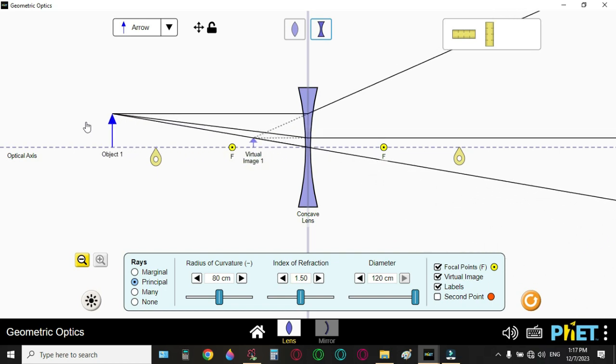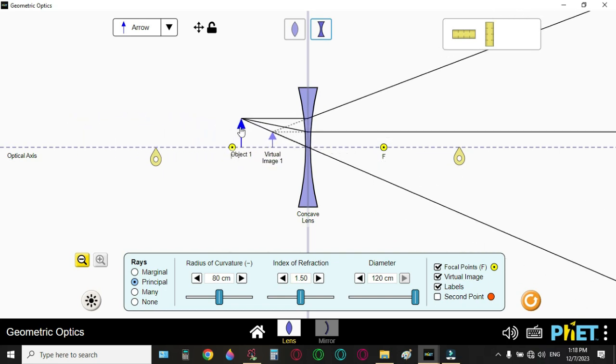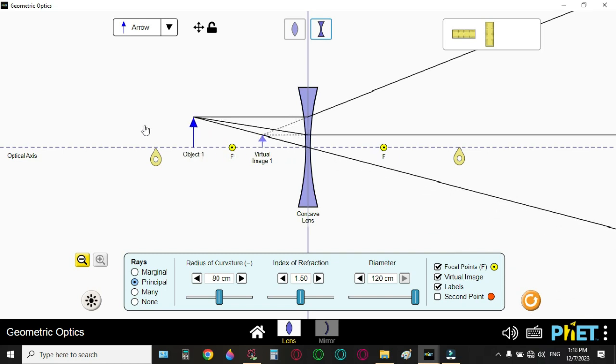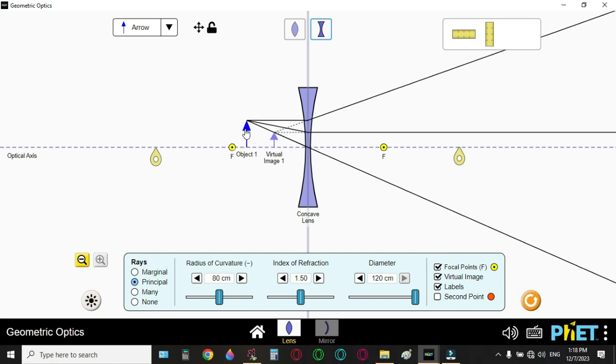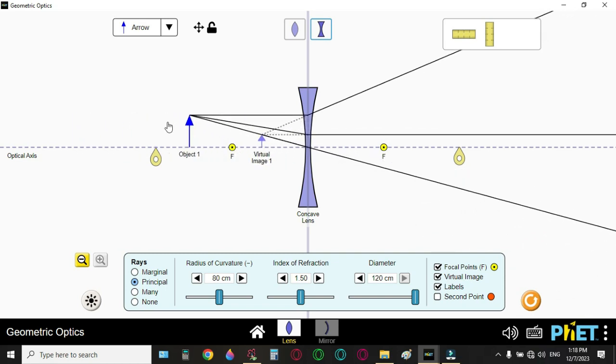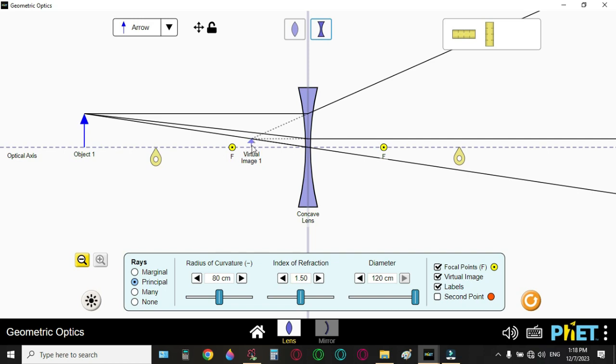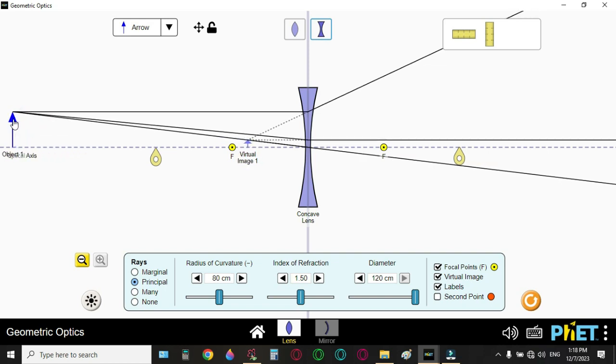So we only have one scenario or case for concave lenses. As I bring the object farther away from the lens, the virtual image is also decreasing in size. It's getting smaller and smaller.